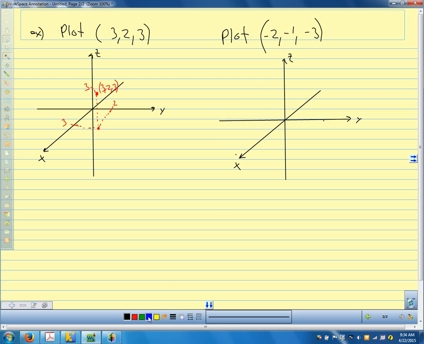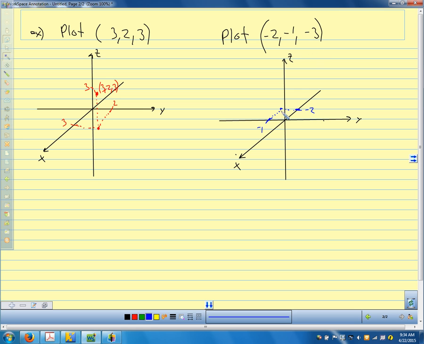I'll do this one in blue. X is -2, so I'm going to go 2 units back this way. There's -2. Y is -1, so I'm going to go 1 unit back this way. So there's -1, so I'm going to project those back like so. There's my point in the XY plane, -2, -1.